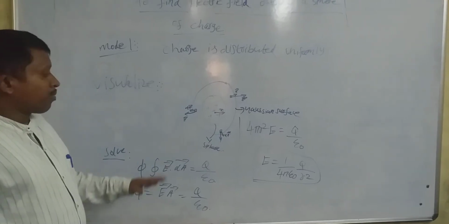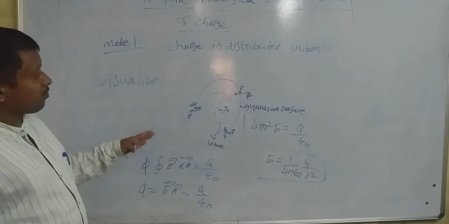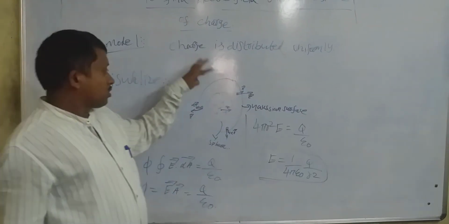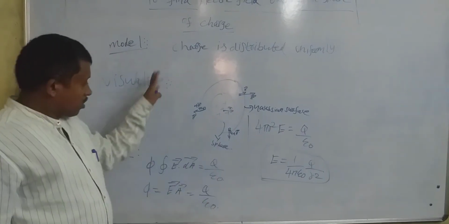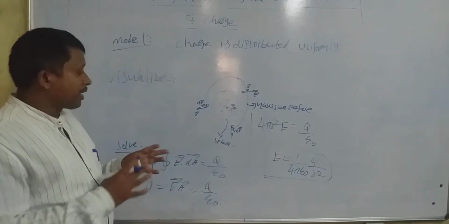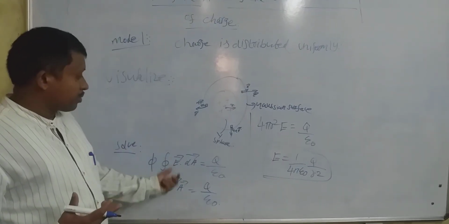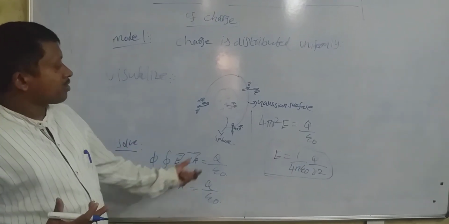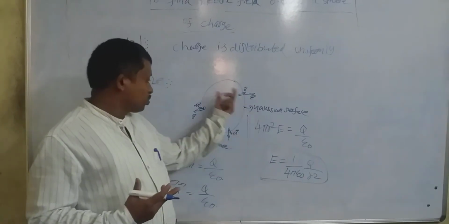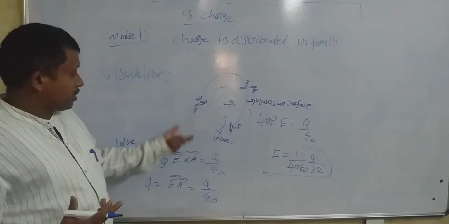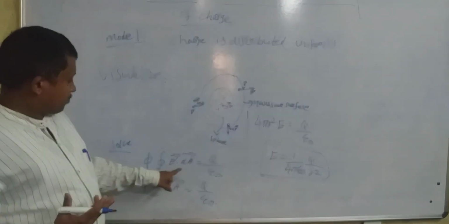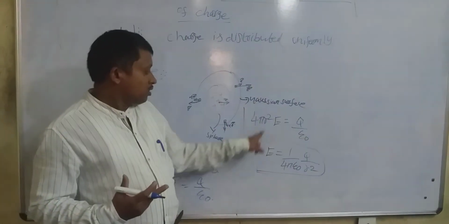This is the power of Gauss's law. If we use Coulomb's law, the problem becomes complicated, and we have to solve so many mathematical steps. By using Gauss's law, we solve it easily because of symmetry.